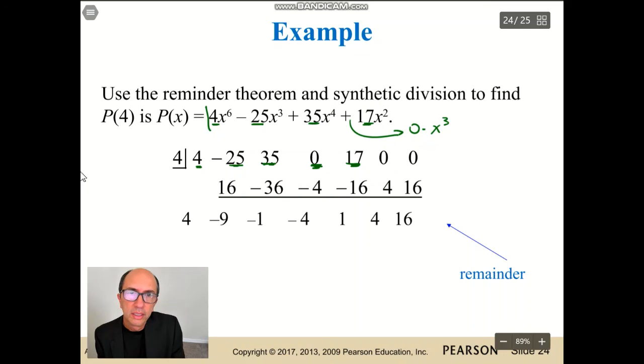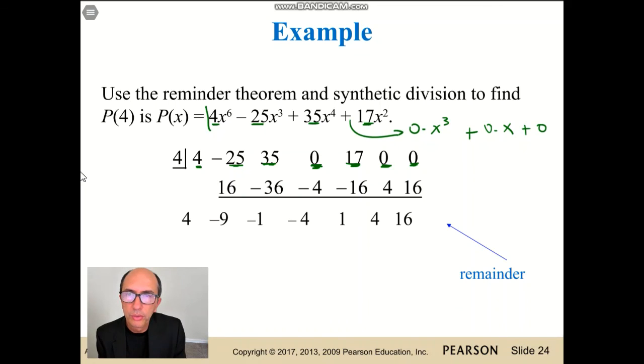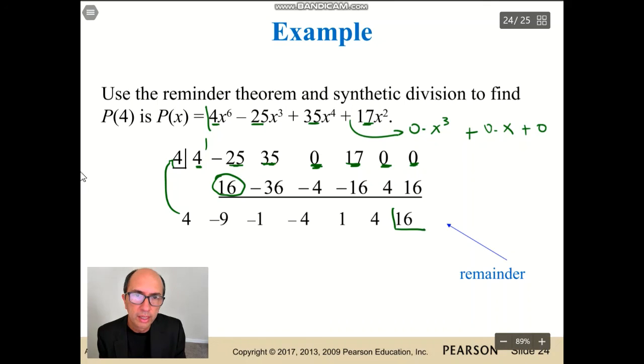Here 0 times x, and plus 0. You have to complete all the coefficients like this. And so you apply the synthetic division as we have seen. The multiplication, you write the result under the next coefficient, and add together, and keep doing this, and you're going to find the remainder.